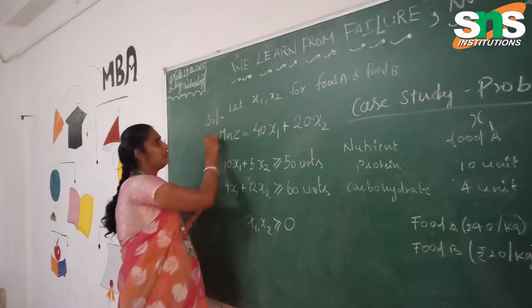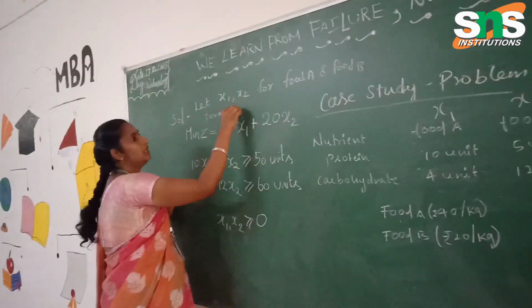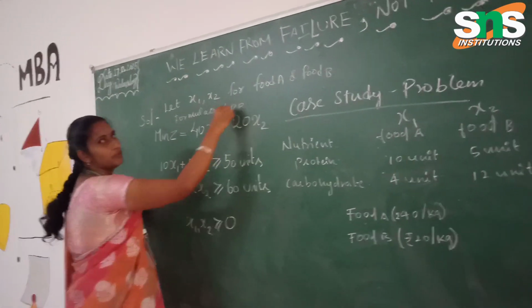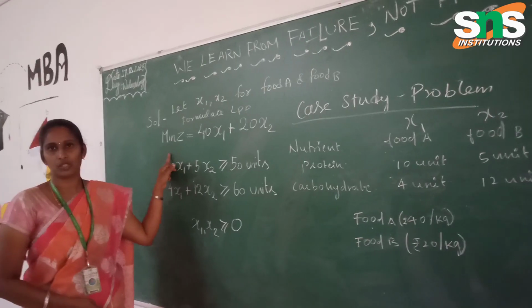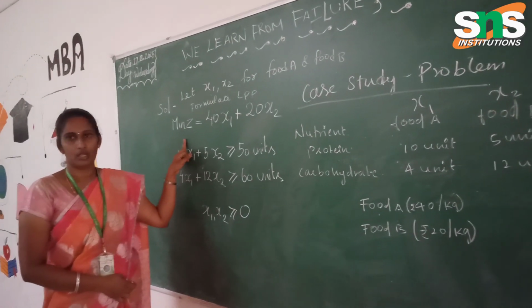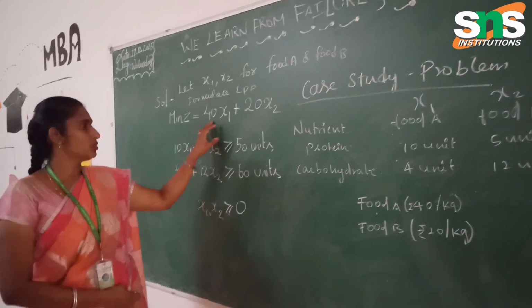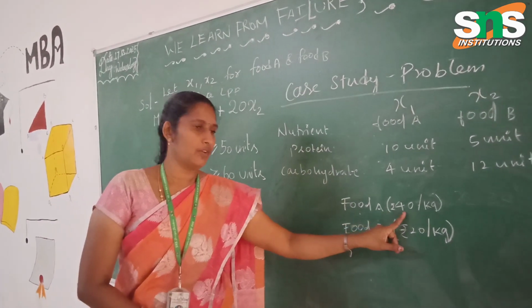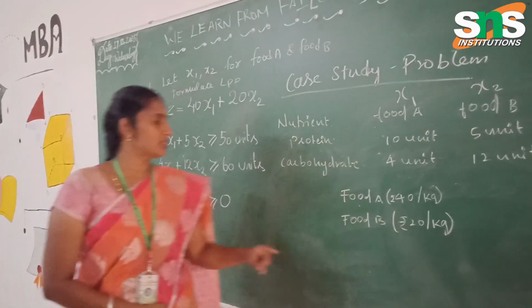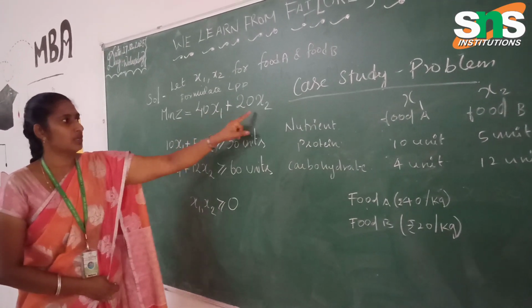Okay, and we have formulated the LPP. Before formulating the LPP, they have to choose whether it is a maximization case or a minimization case. They have chosen the minimization case. For this minimization, food A costs 40 and food B just 20 rupees, so 40x1 plus 20x2.